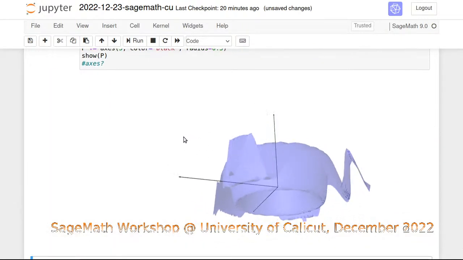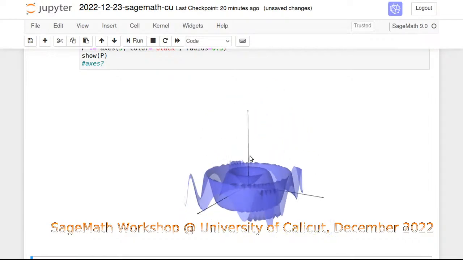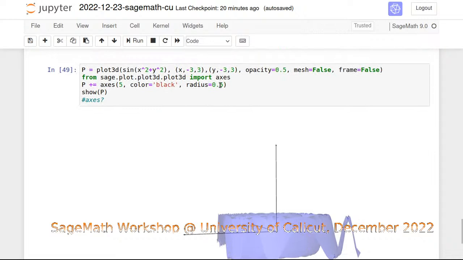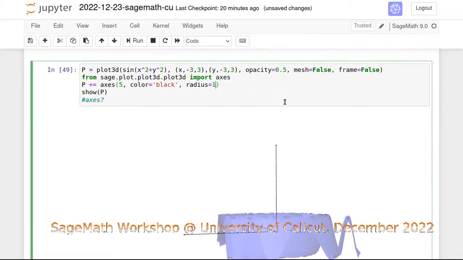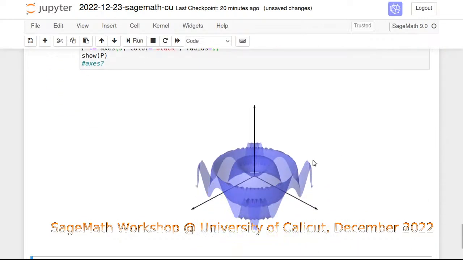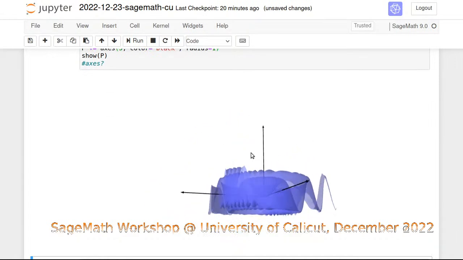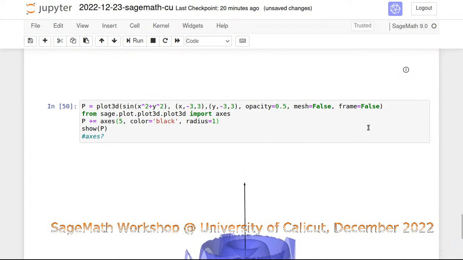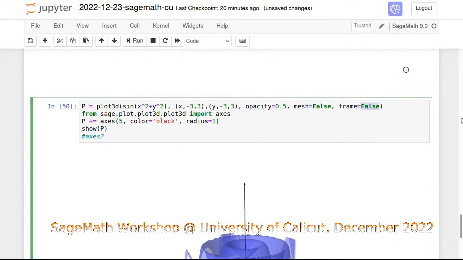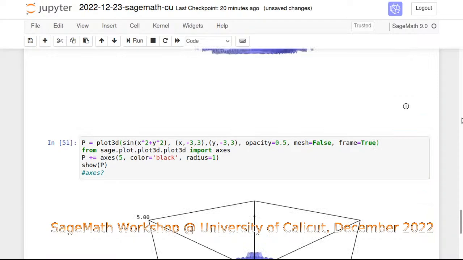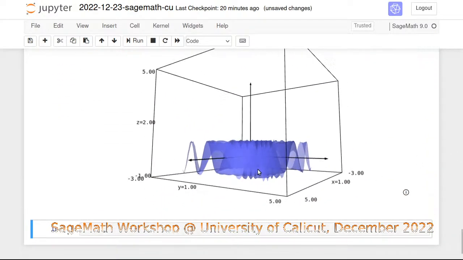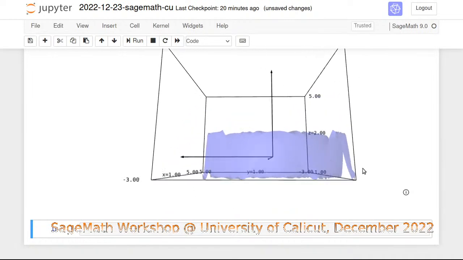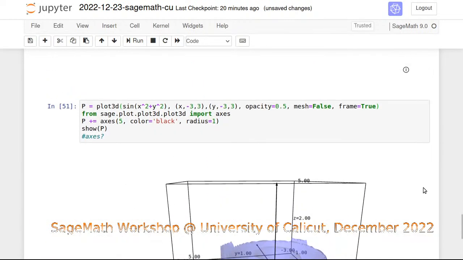Yes, that seems to work. If you go further, it becomes thicker. So we can enable axis, we can remove the frames. If you keep frame also true, you should see both, frame as well as axis.